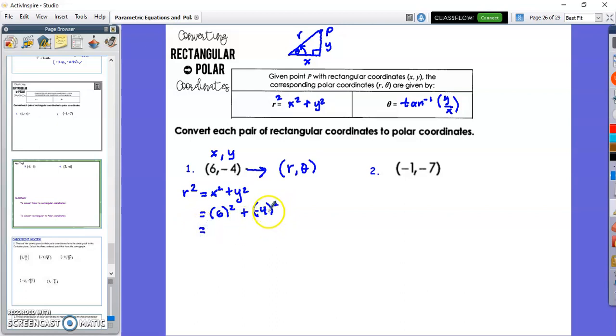But since this is squared and negative times negative, you should have a positive. So 6 squared is 36 plus negative 4 to the second power is positive 16. So your r squared is equal to 52, and since we need r, we take the square root of both sides. Therefore your r is going to be root 52.